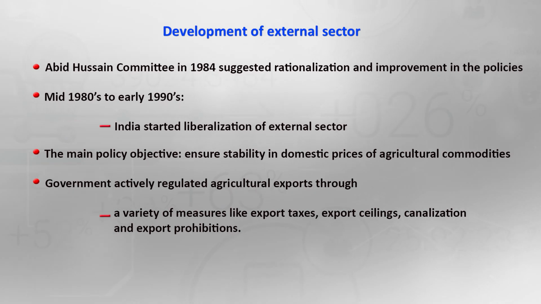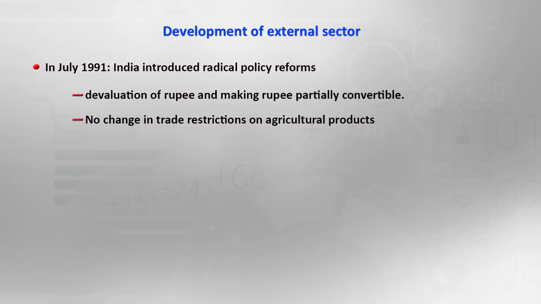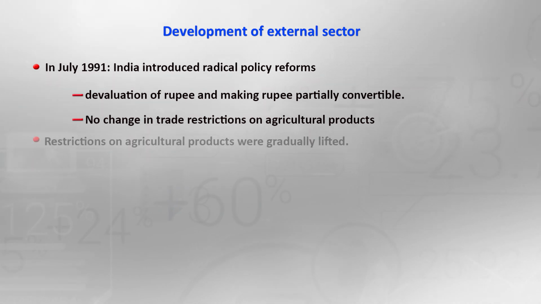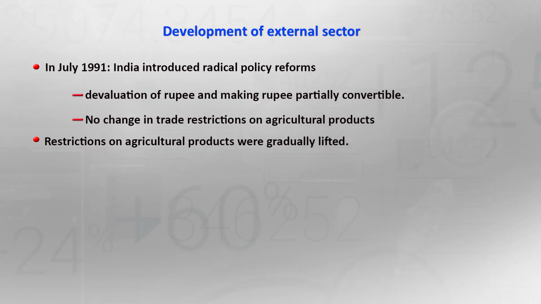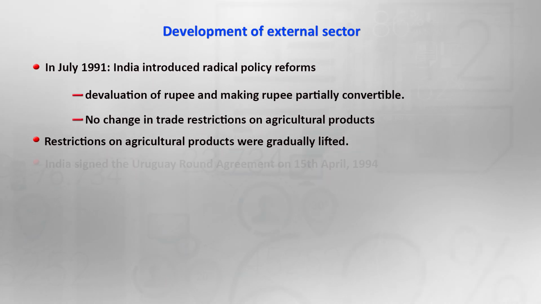One is the devaluation of the rupee and making the rupee partially convertible; we reduced the value of the rupee in comparison to foreign currency, so that more export can happen. But at that time, in 1991, no changes in trade restrictions on agricultural products were suggested. The restrictions on agricultural products were gradually lifted one by one.